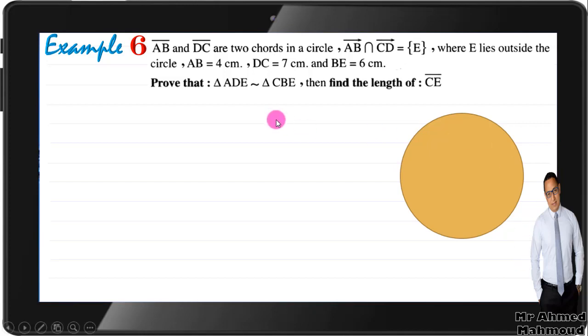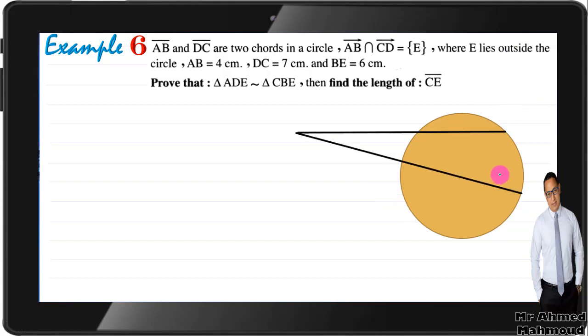Now I'm going to draw 2 chords, AB and CD, but AB and CD intersect at E outside the circle, so they will be like this. Here we have A, B, and this is C, and this is D. They intersect outside the circle at E.